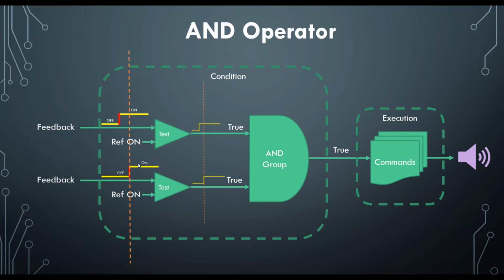Now, what happens if this feedback sensor changes state before the other feedback sensor? Does the action still operate in the same way? Well, let's have a look.